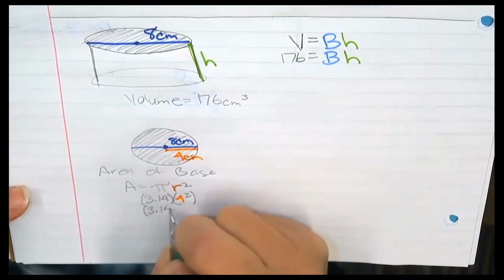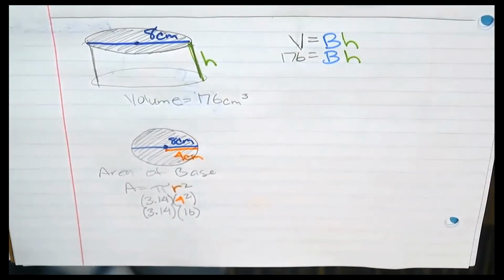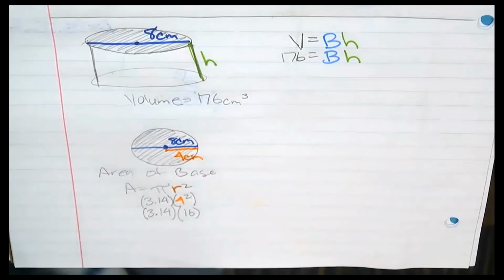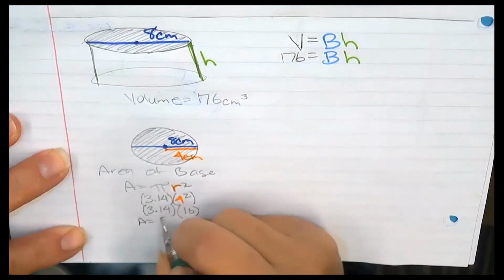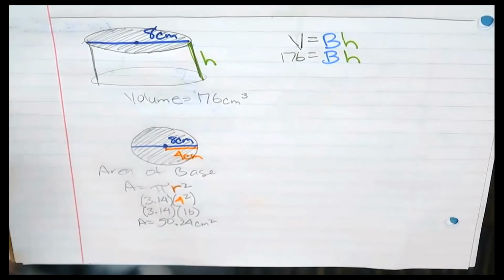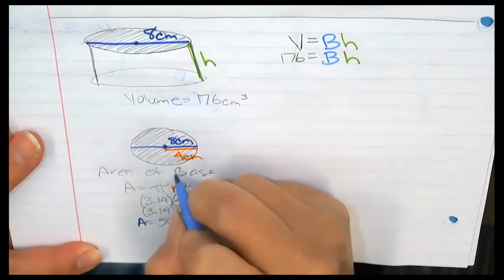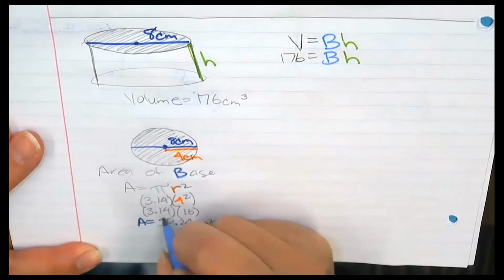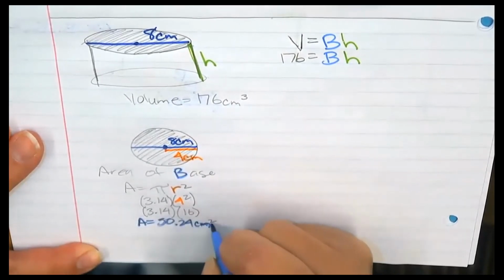So 3.14, 4 times 4 is 16. And now I'm going to type this into my calculator. 3.14 times 16 equals, the area is equal to 50.24 centimeters squared. So the area of the base is equal to 50.24 centimeters squared.